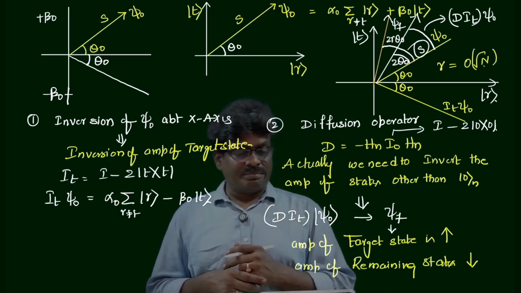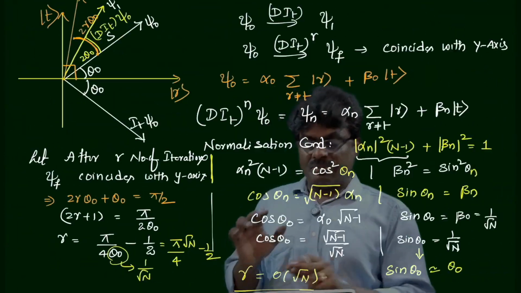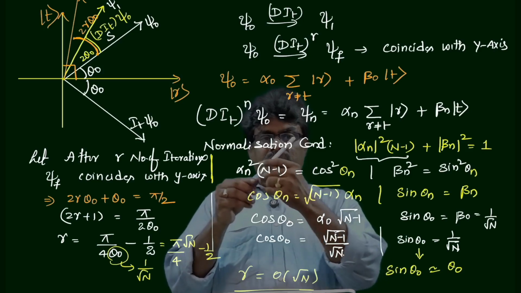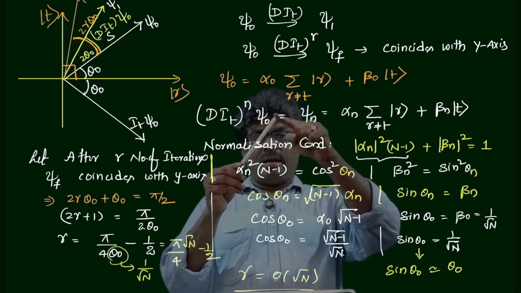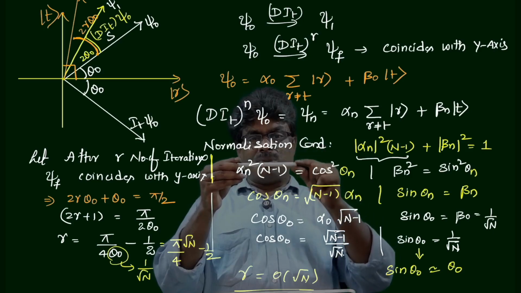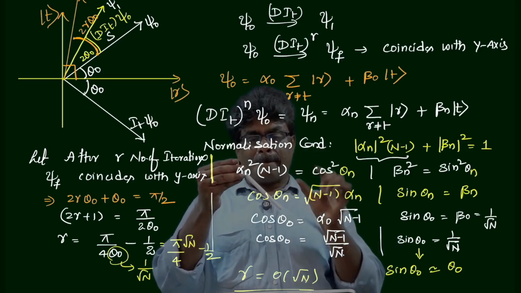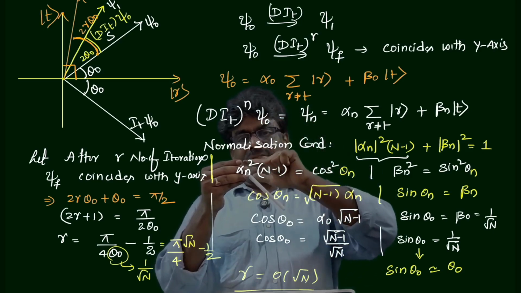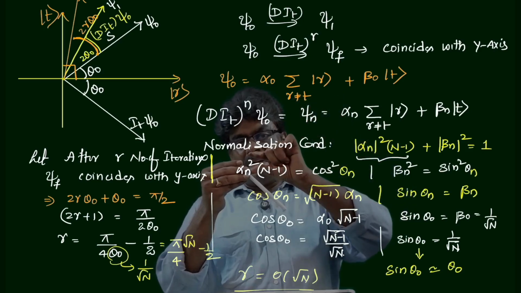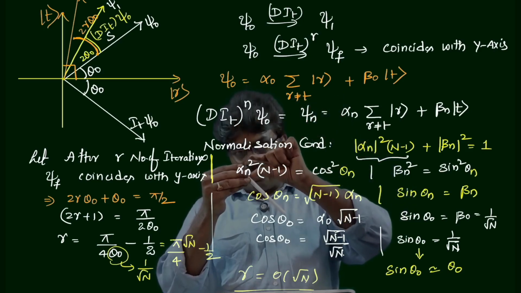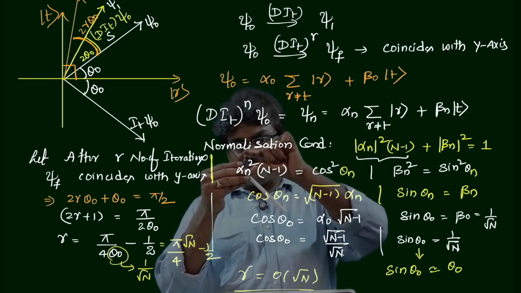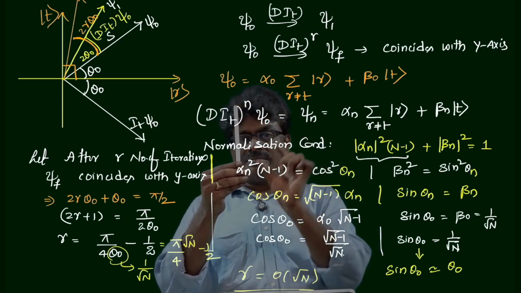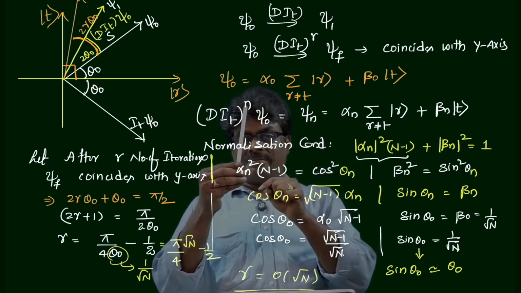The beauty of this algorithm is that this is your initial state, you invert the amplitude of the target state, and then apply the diffusion operator, the inversion about s. It already makes some 2 theta naught with respect to s. Once you take the inversion about s, this will be the final state.